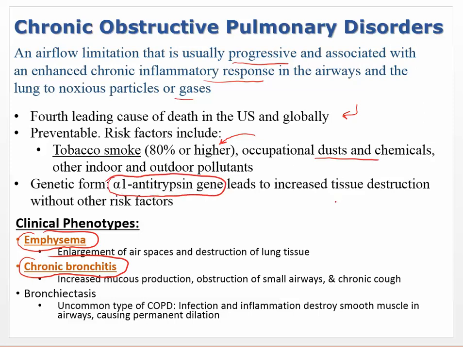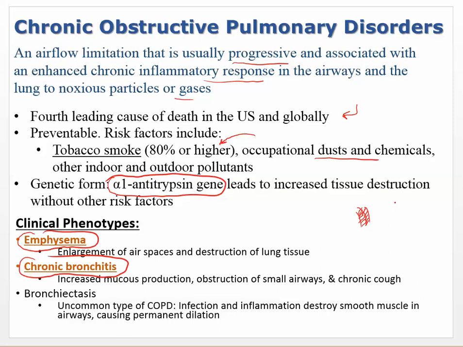So I'll say more about this, but one response to some kind of an irritant is the production of trypsin. Trypsin is a protease that can break things down. So neutrophils can release it, but it's a protease that cuts up proteins. Okay.